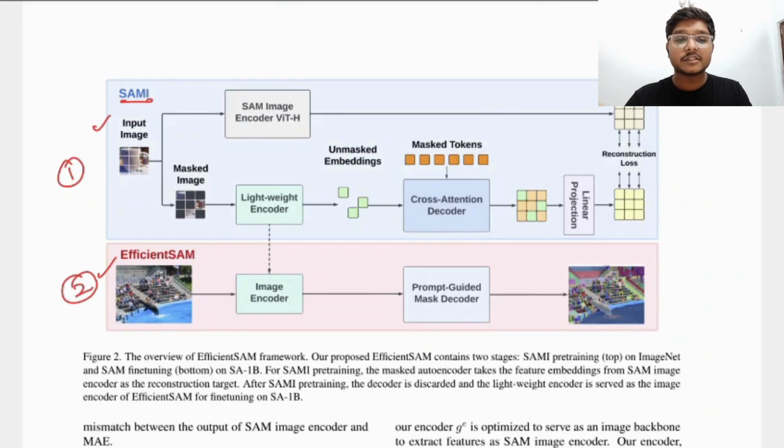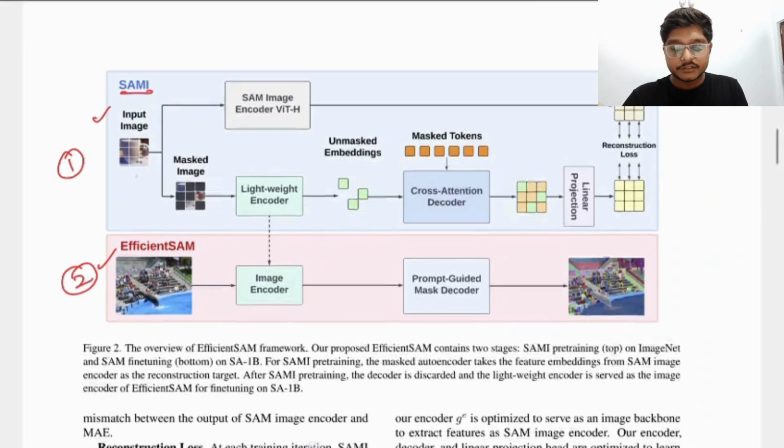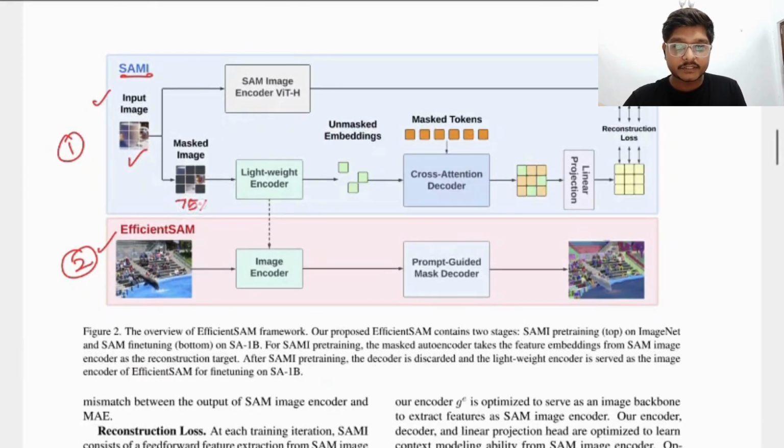The top half of the diagram illustrates the pre-training phase. Let's look in more detail at the masking strategy. We take the input image and mask 75% of the patches, chosen randomly like the original MAE. This high ratio prevents the model from cheating by simply looking at neighboring pixels.